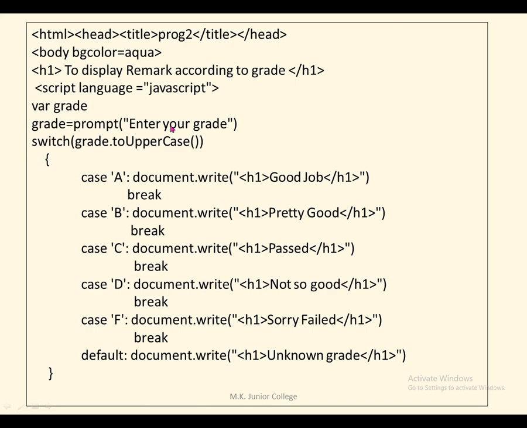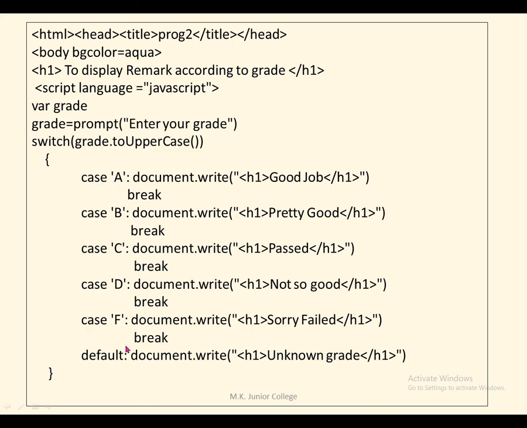Suppose you are asking for a name and you are checking the name over here and giving so many options. Whenever you are working with characters, the cases you have to mention in this way, single quote or double quote. If you are checking with a number, then directly you can say whatever the case is, 1, 2, 3, 4 or anything else.